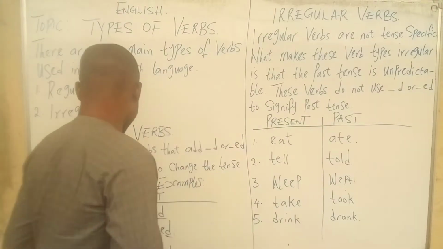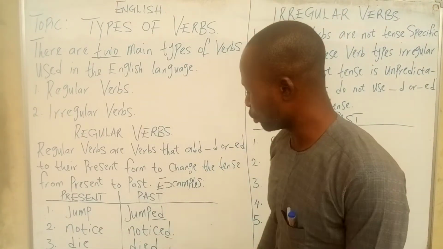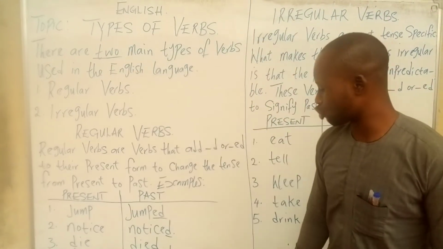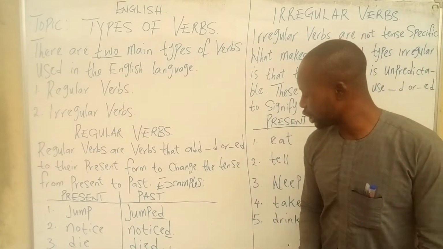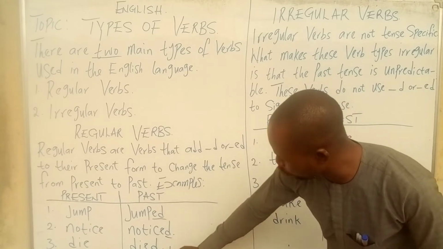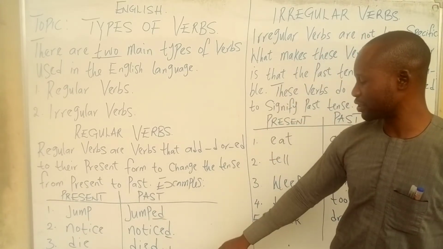Then the last one under this example is drop. But this drop added what? P and ed. So what we are looking at is ed.